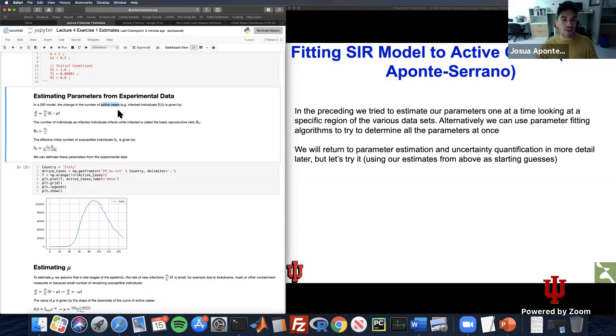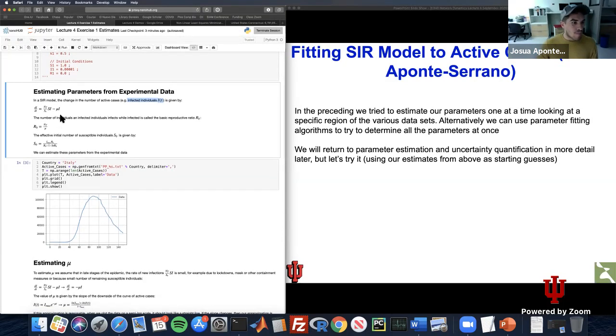But for now, we're gonna use these active cases as a proxy of that I variable in our SIR model.